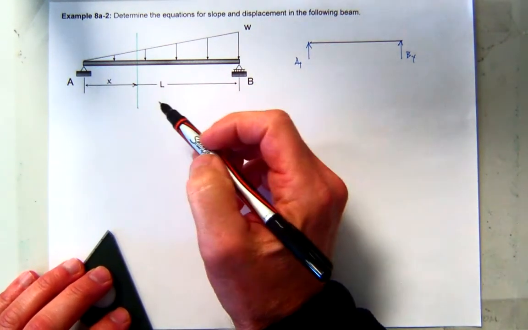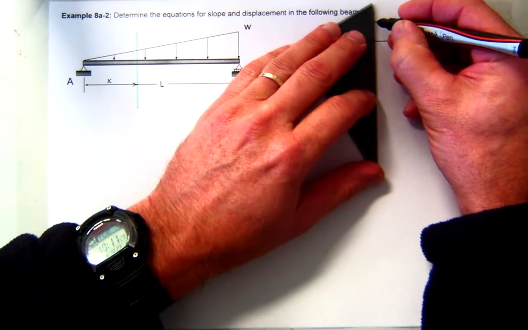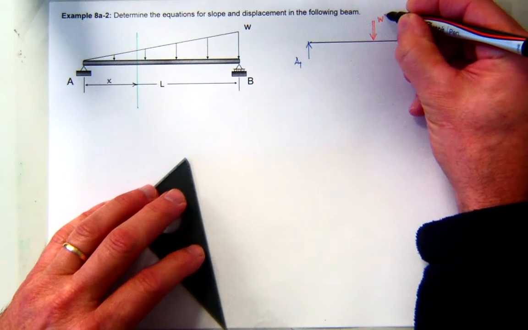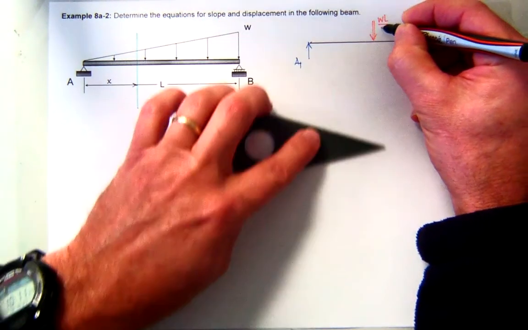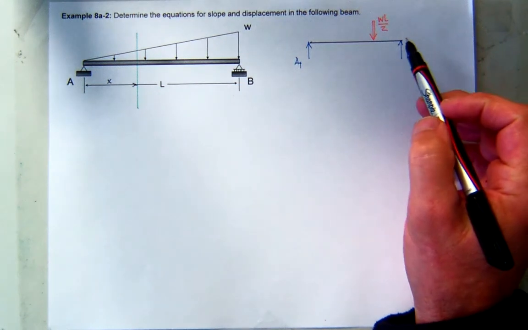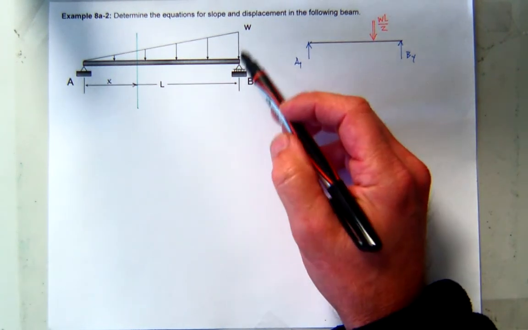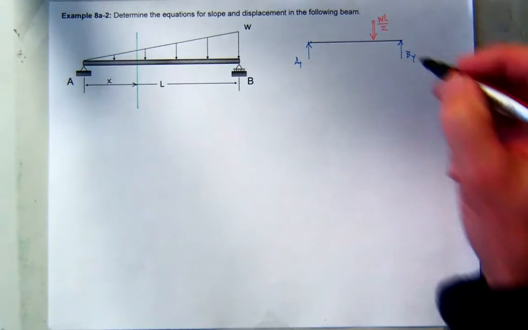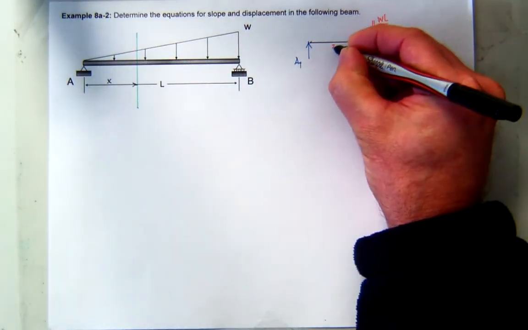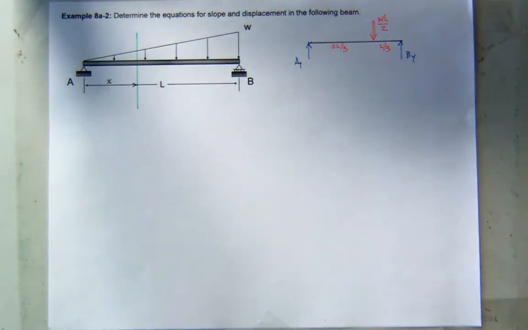So that's 1/2 base, which is L, times height, which is W. So now the total load here is WL over 2. And where is it located? Well, the centroid of a triangle is about 1/3 the distance from the larger end. So in our case, that would be L over 3, and then the remaining part would be 2L over 3. So that's everything we need.